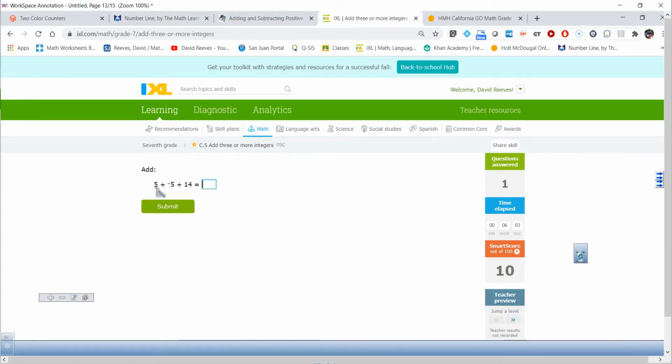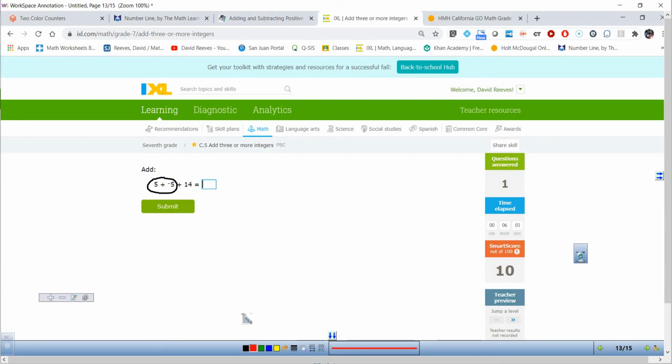All right, so now let's take a look at this next problem. Again, like I said, I often will group these together, but in this case, take a look at those two. What do we have? We have a pair of opposites. What do we know happens when you add 5 and negative 5? By the way, do you remember our vocabulary term of the day? Additive inverses. They will add up to 0.